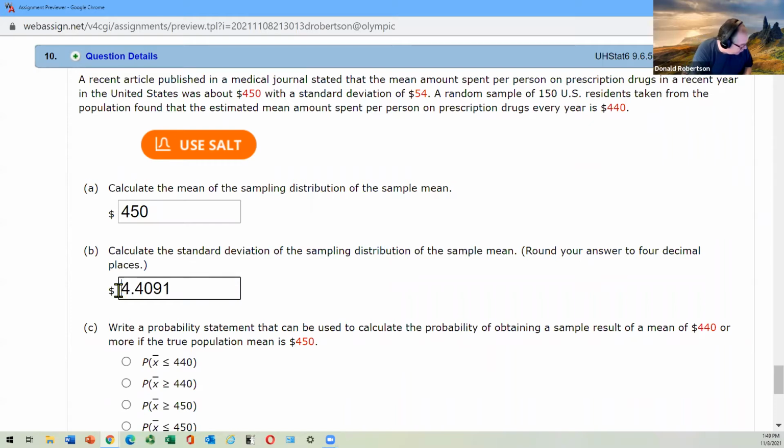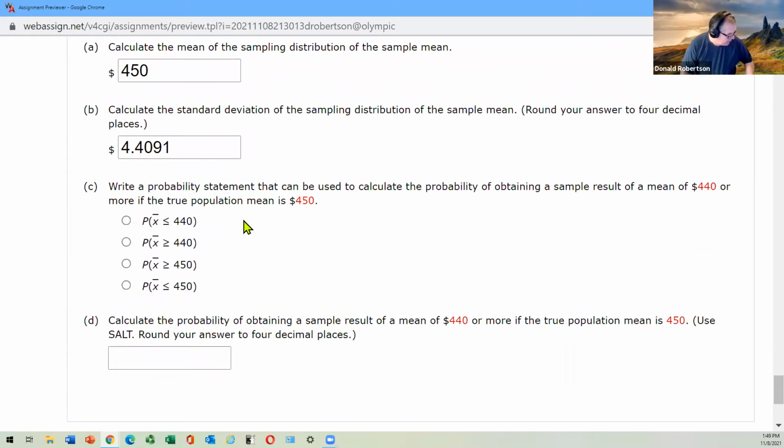Now, do you notice that those two were using the population values, these two? Now, write a probability statement that can be used to calculate the probability of obtaining a sample of mean 440 or less. So which one of these four represents a mean of a sample, an x bar, 440 or less?